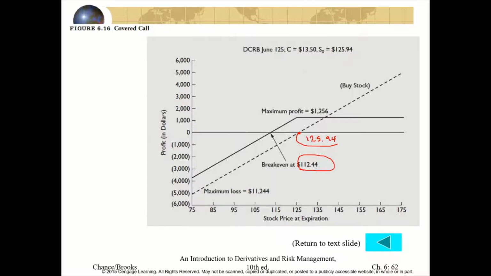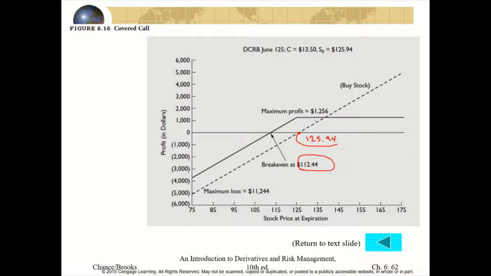I paid for it 125.94, so I'm going to lose 0.94, but I received 13.50. So net, I'm going to realize 1,256 for the 100 options that I shorted.